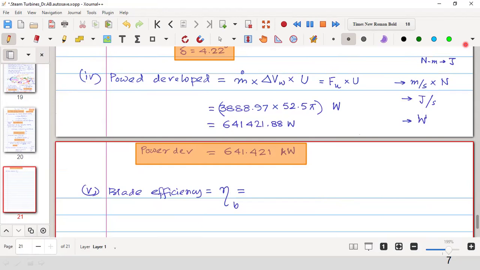That is power developed divided by the kinetic energy at the inlet, or rate of kinetic energy, better to say. So rate of kinetic energy at the inlet.